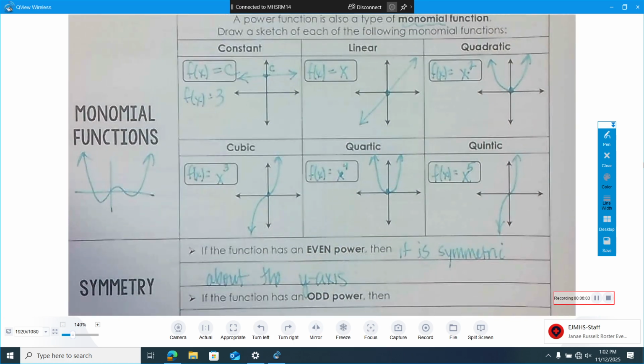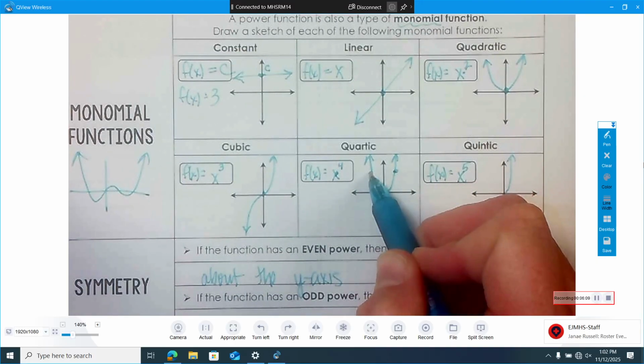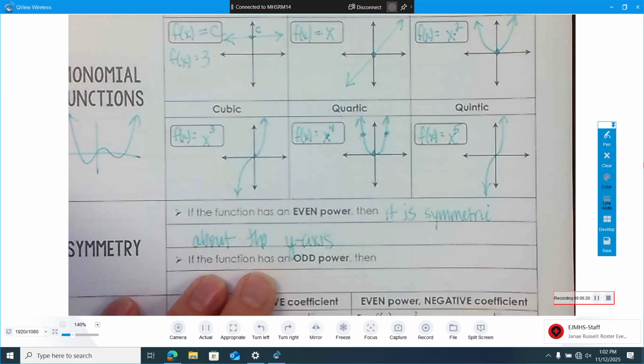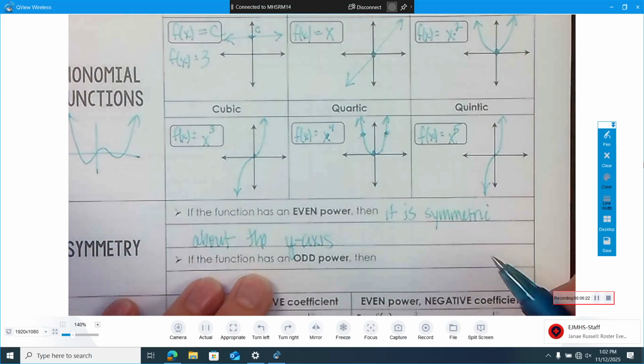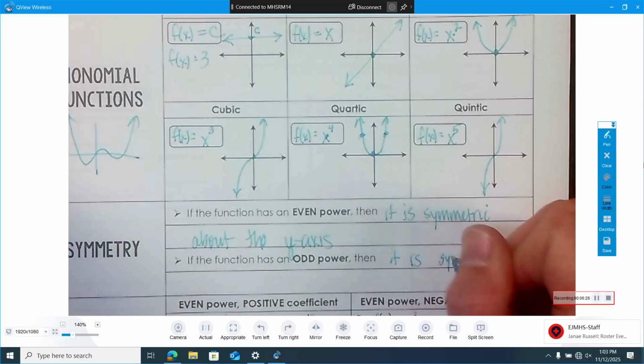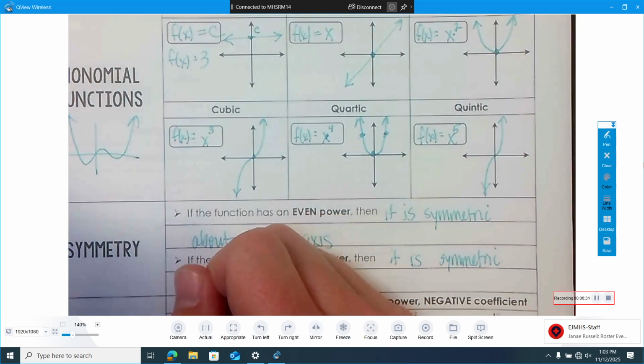And you can see that in the pictures. They are very even in nature, meaning if I take this point, it gets reflected across the y-axis. So we have symmetry on both sides of the y-axis. It's a mirror reflection across that y-axis. And then if the function has an odd power, then it is symmetric about the origin.